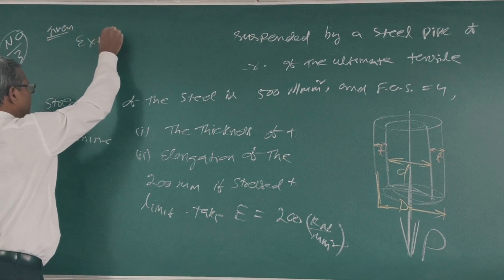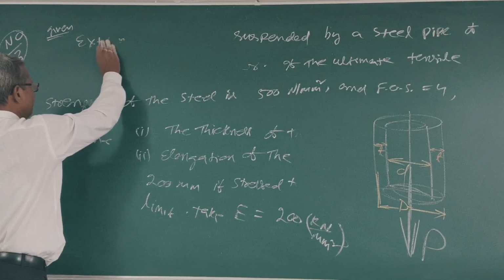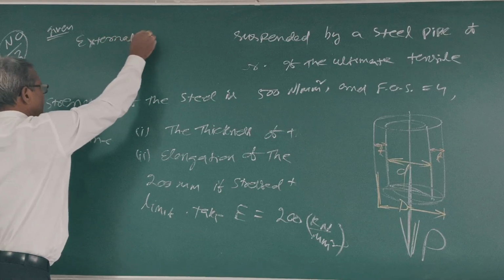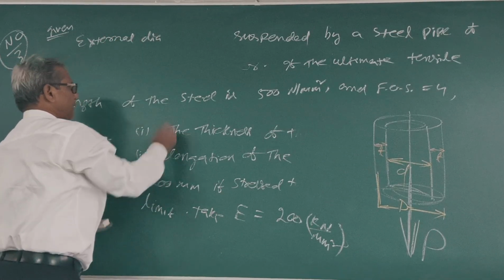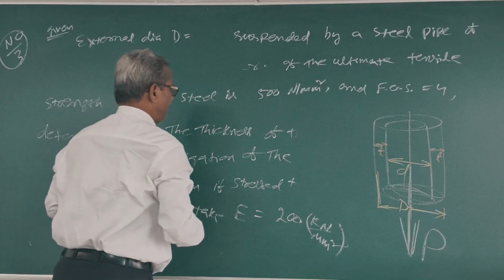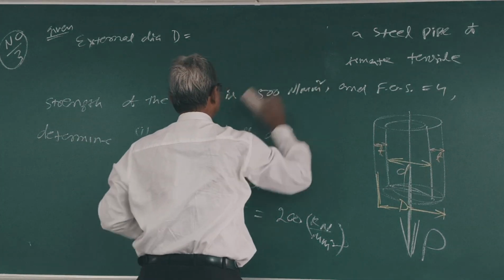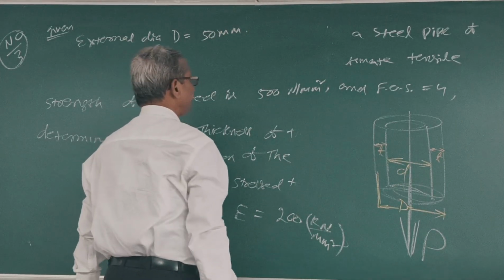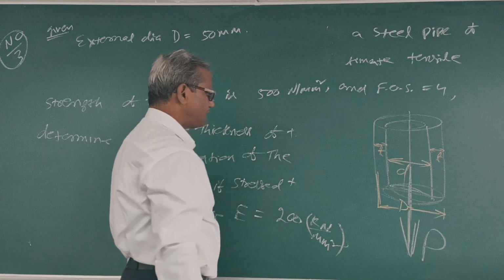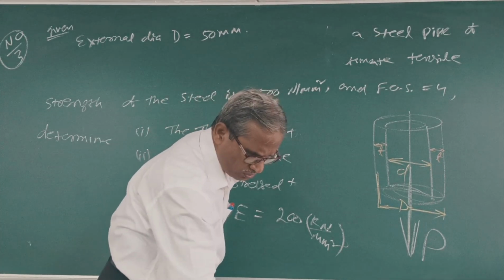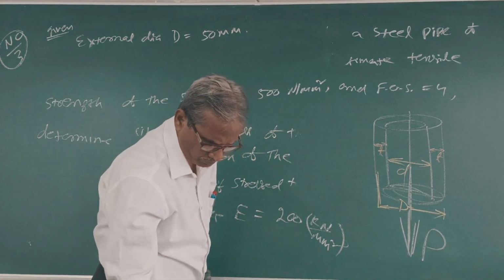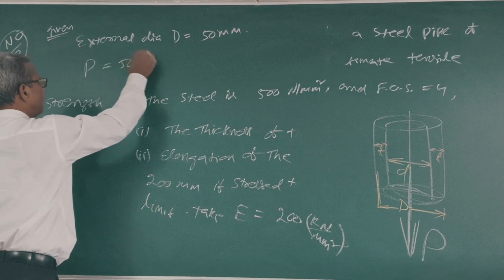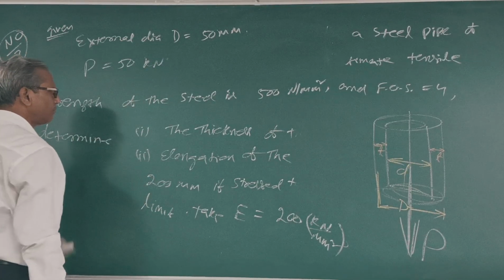Clear? So given: external diameter capital D is equal to 50 mm. Clear? And the load is 50 kilonewton. Load P is equal to 50 kilonewton. Clear?